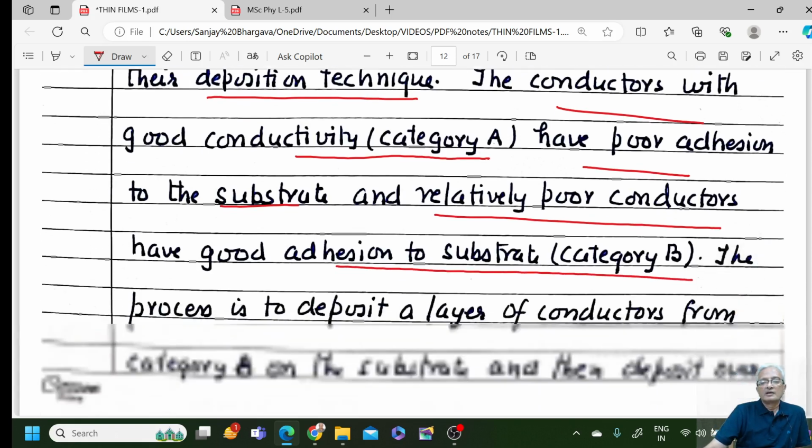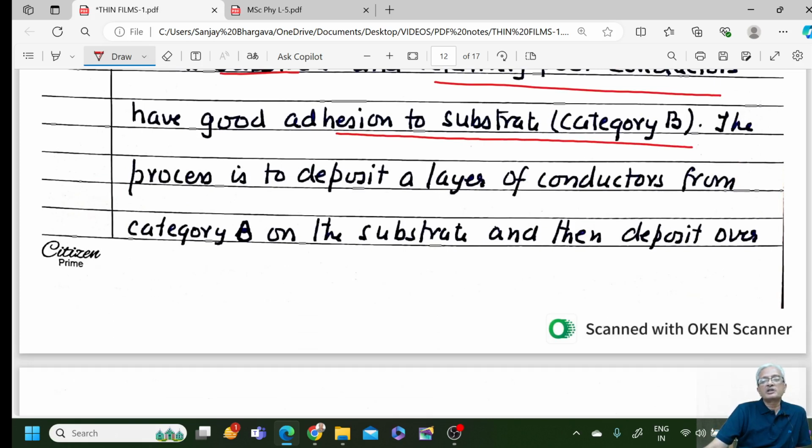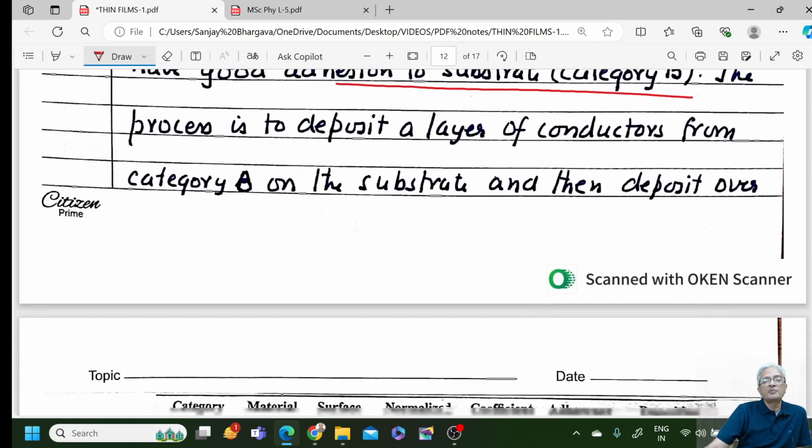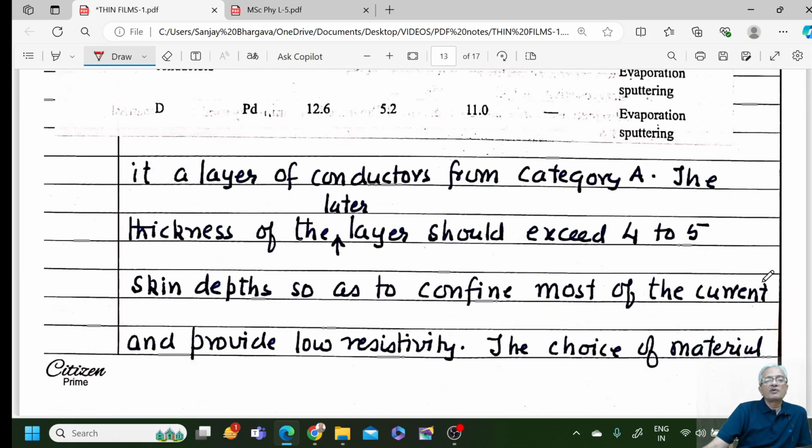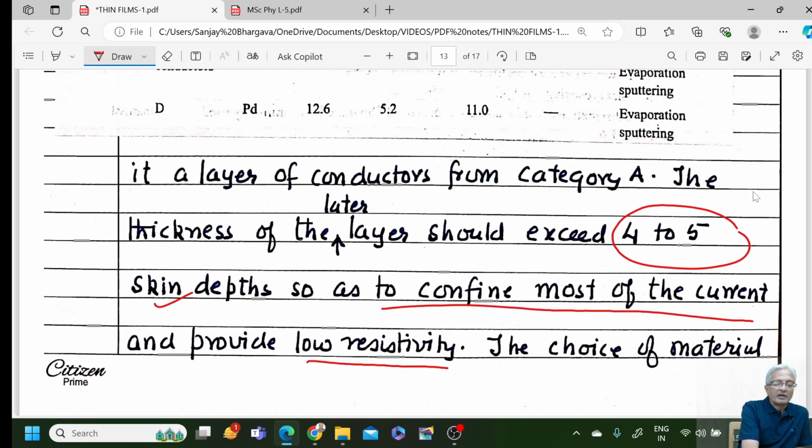Then the process is to deposit a thin layer of conductors from category B on the substrate and then deposit over it a layer of conductors from category A. The thickness of the latter layer should not exceed 4 to 5 skin depths, so as to confine most of the current and provide low resistivity.